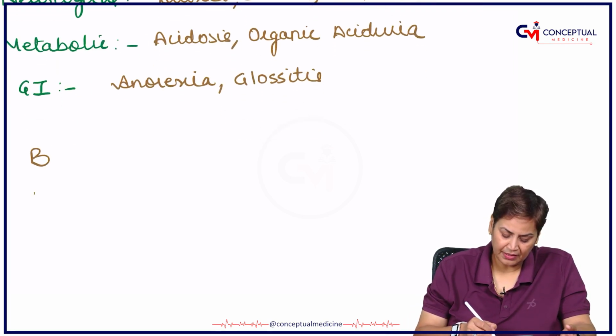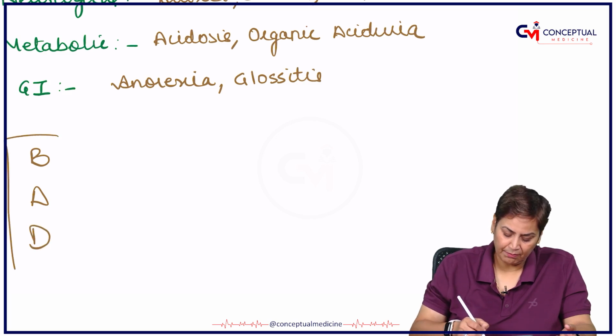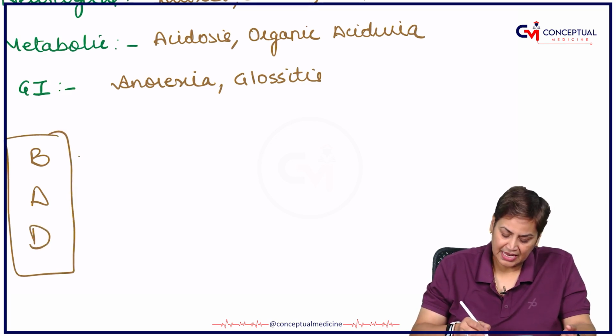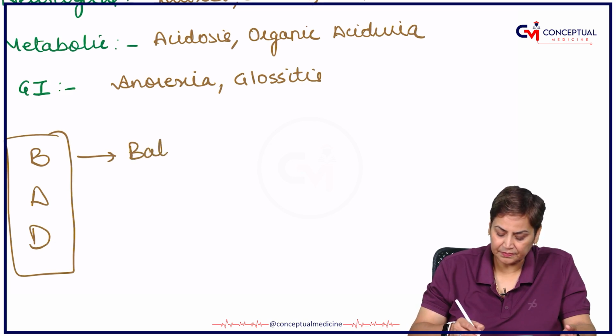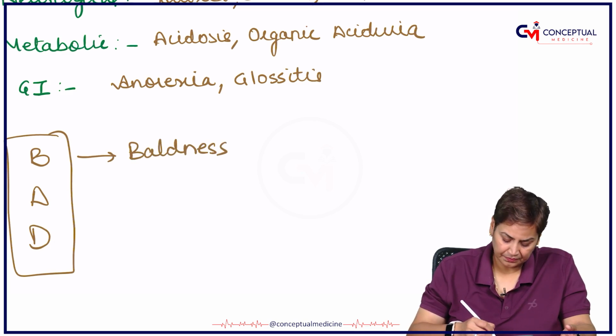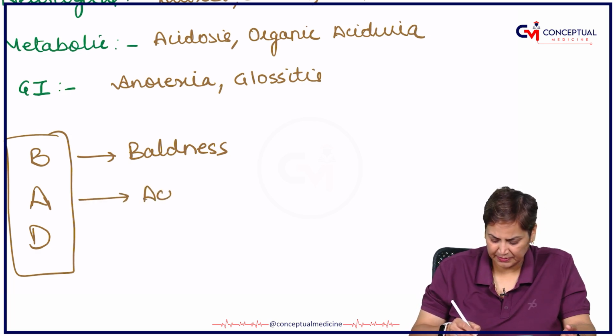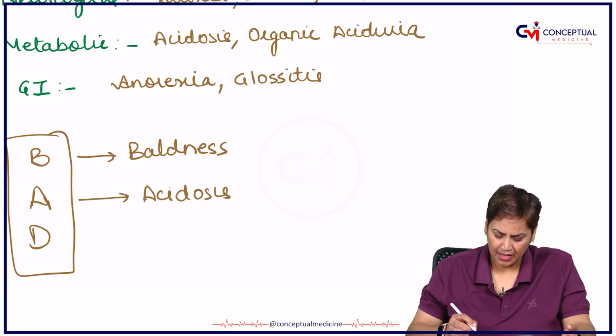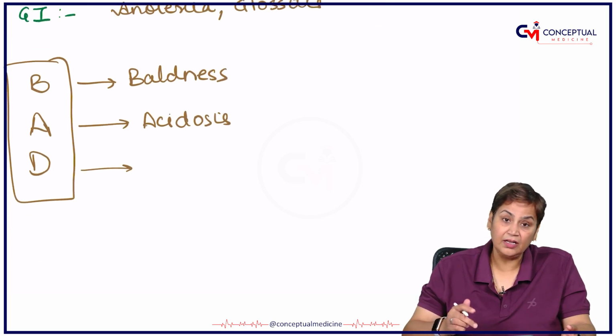Just to remember them, you just remember this mnemonic BAD, where B stands for baldness, right? A stands for acidosis, and D stands for dermatitis.